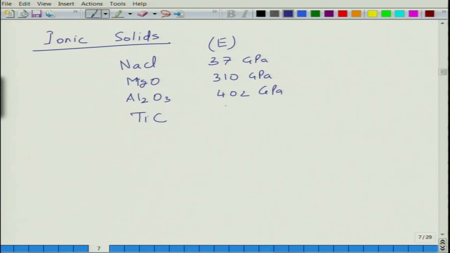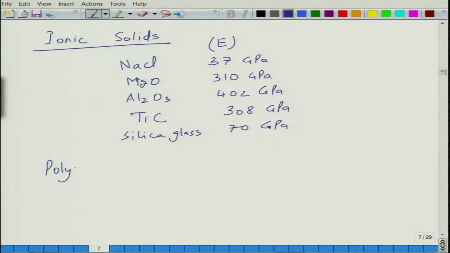If you look at titanium carbide, 308 GPa. And if you look at silica glass, the value is about 70 GPa. So, among these, silica glass and NaCl have lower melting points, but MgO, Al2O3 and TiC have higher melting points or higher bond energy. As a result, they have higher elastic modulus.